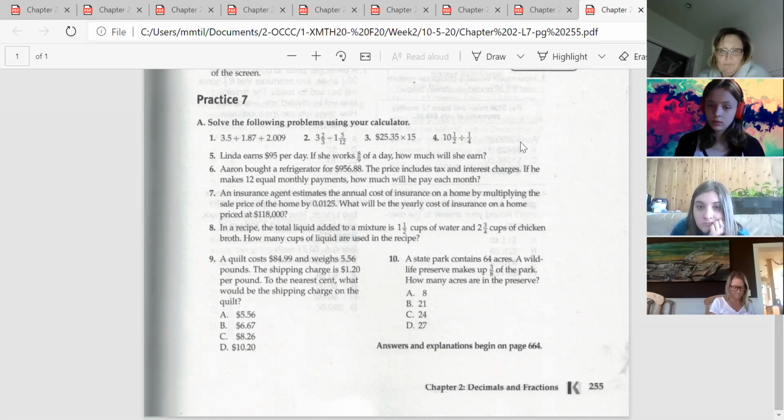I guess you could use your calculator and say, well, 10.5 divided by 0.25 and get the answer, but you could also just go ahead and do it, in my mind, the right way. Flip and multiply. So it's 10 1/2 divided by 1/4.